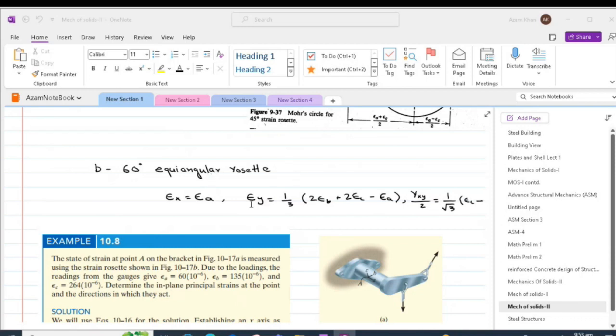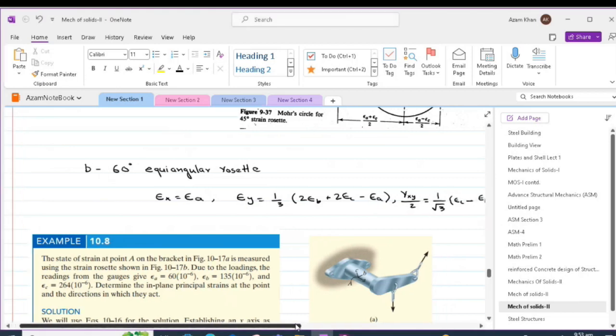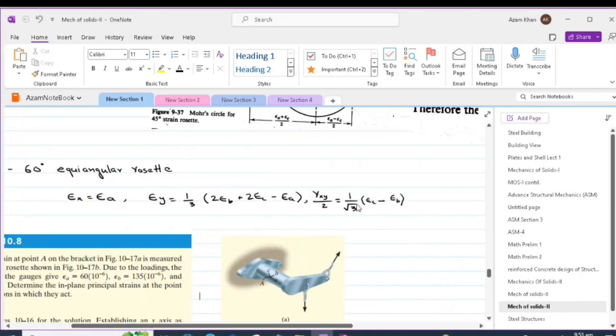And solving again the strain transformation equation, we will get epsilon x is equal to epsilon A, epsilon y equal to 1 by 3 times (2 epsilon B plus 2 epsilon C minus epsilon A), and gamma xy by 2 equal to 1 by root 3 times (epsilon C minus epsilon B).